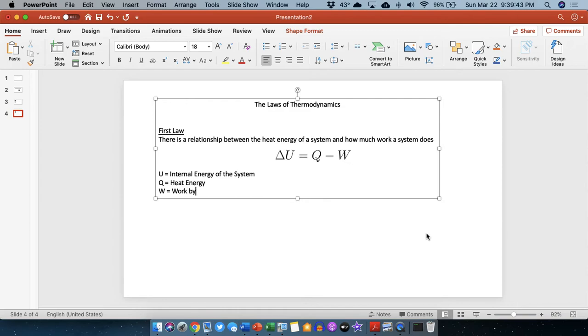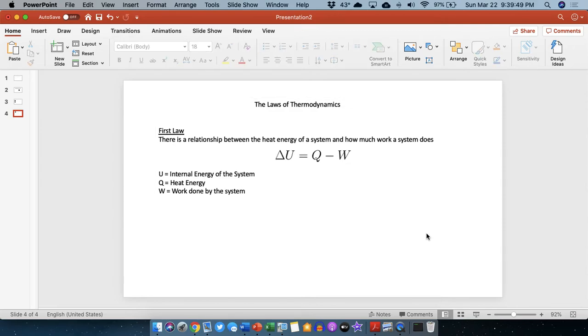In fact, it's work done by the system. So all you have to really understand here with the first law of thermodynamics is that it's a relationship between the heat energy of a system and how much work is done by that system. All right? So the whole energy of the system is equal to that difference. That's it. First law of thermodynamics.